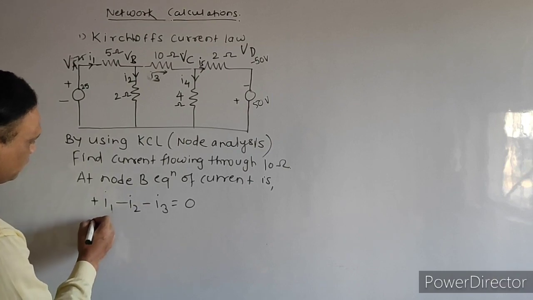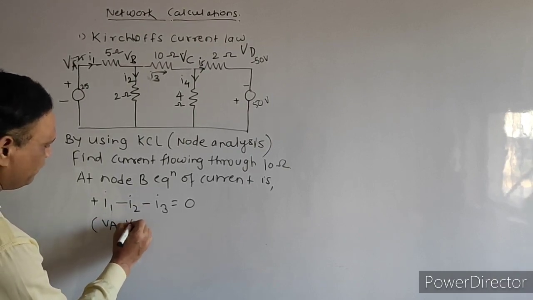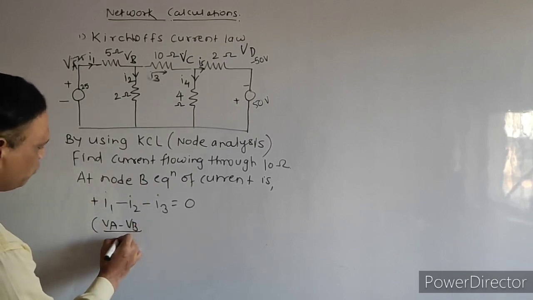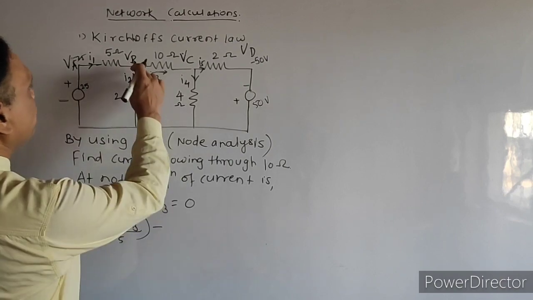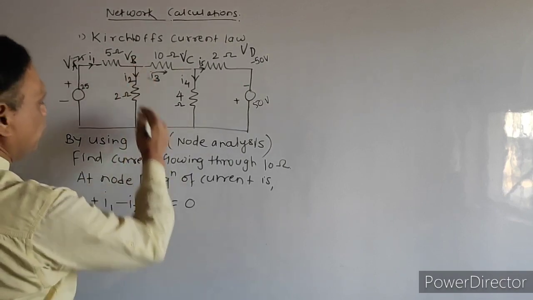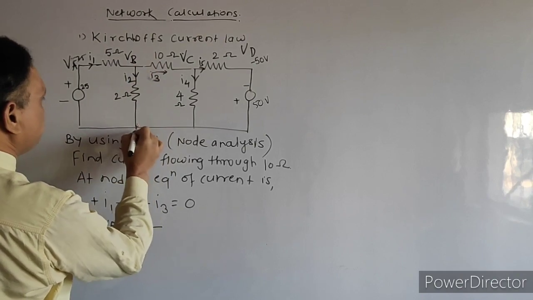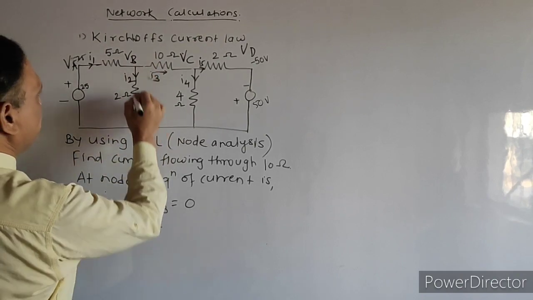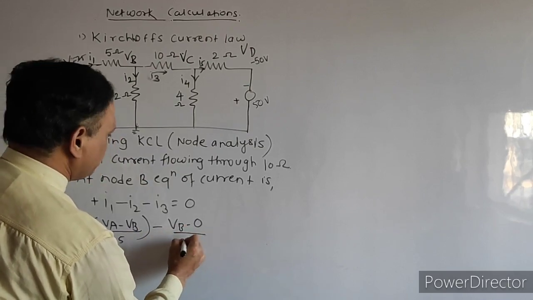So this I1 will be nothing but VA minus VB upon 5, minus I2. So what is the I2? Since it is in parallel, this point is of zero potential. It is grounded. So VB minus 0 upon 2.